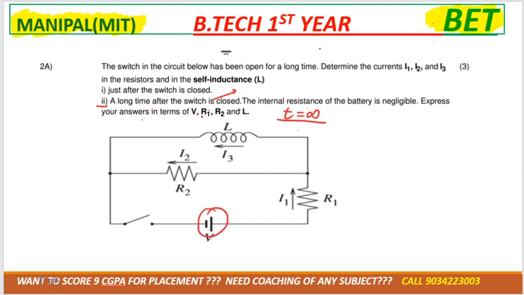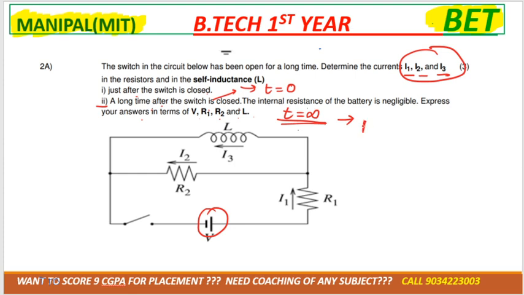Express your answer in terms of V, R1, R2 and L. Means they are asking the value of I1, I2 and I3 again, but at time t equals infinity. Okay? Basically they are asking I1, I2 and I3 just after the switch is closed, meaning at t equals 0, and for a long time, meaning t equals infinity.